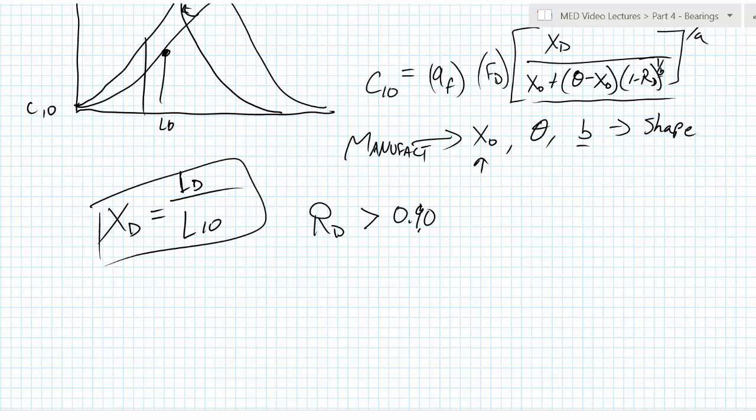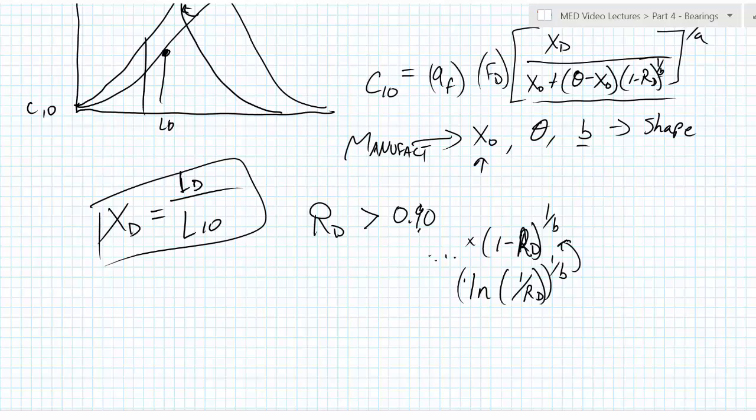So there's two formulations. One has a 1 minus the reliability that you want, raised to the 1 over b in there, multiplied times the other stuff. And one has the natural log of 1 over the reliability you want, all of that raised to the 1 over b.